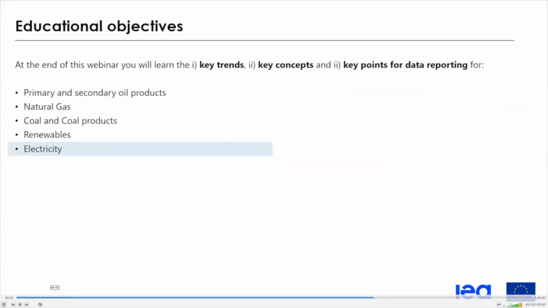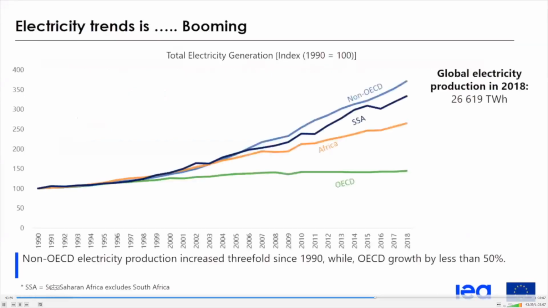Now we will see about the electricity statistics. So first of all, let's see some electricity trends. What can be said is that electricity demand, and of course then production, has grown a lot in the last 20 years, mostly due to the increased level of incomes in various regions such as Africa and Sub-Saharan Africa.